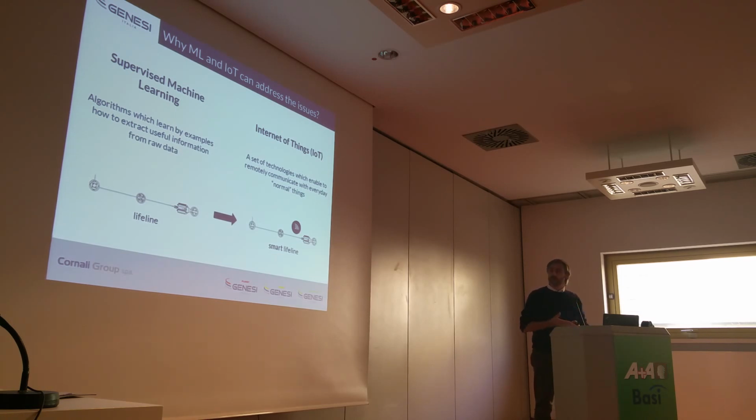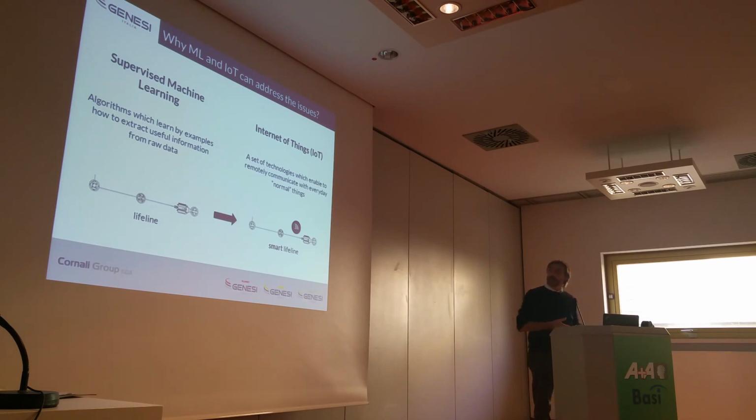This morning in the beautiful talk about visual enhancement systems, we were given some introduction on the fact that our brain is able to generalize from examples to classify new things that we have never seen but that are similar to the examples. Well, supervised machine learning algorithms behave exactly in this way.